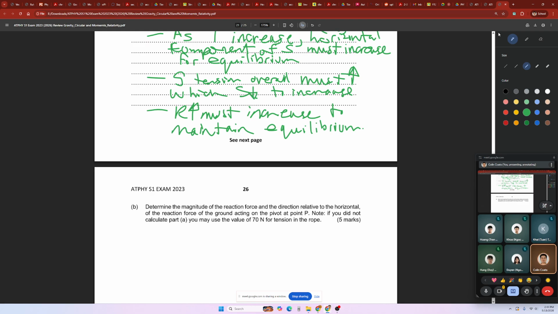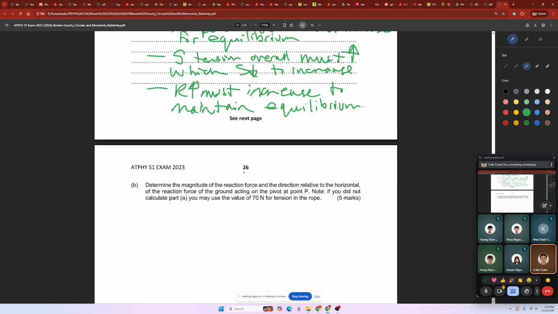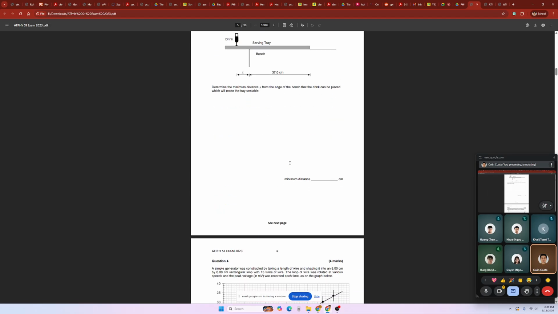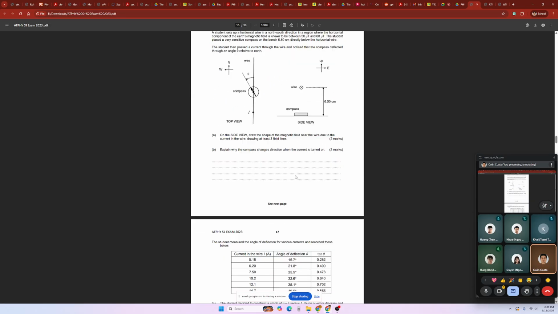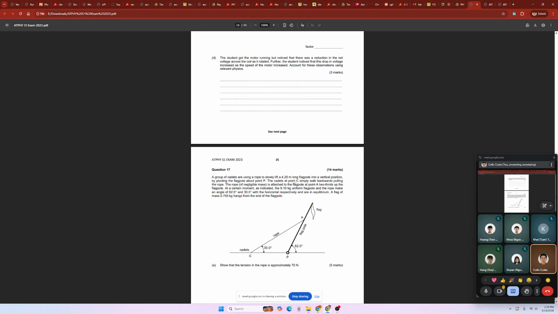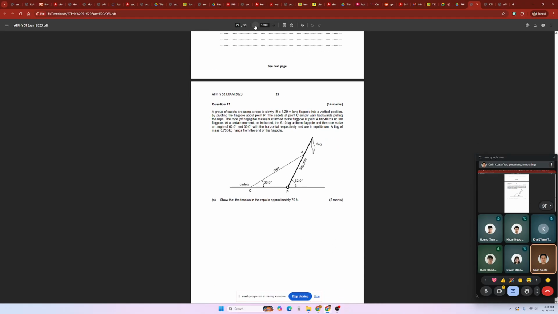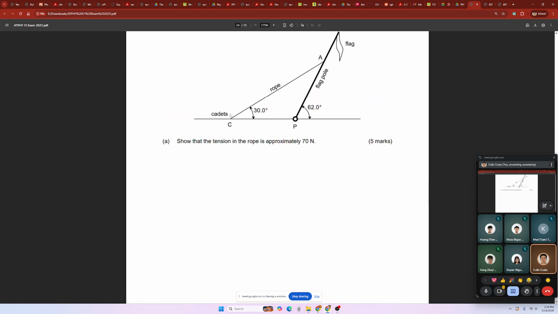Let me double check. Oh, semester 1. What question would this be? Flagpole. Got it here, so no problem. There it is. Sorry, guys. Usually when I do that, I'm doing it by page numbers, so I don't see all of it, but I guess I should have included page 25.